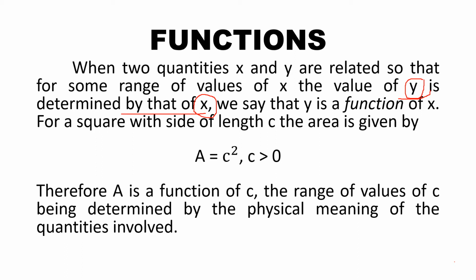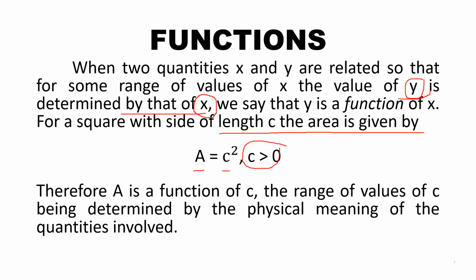For a square with side of length c, the area is given by A. That will be your area, and c is the length of the square. Now, there is a given condition here that c is greater than 0, because in reality, there is no such thing as a measure of length which is less than or equal to 0.